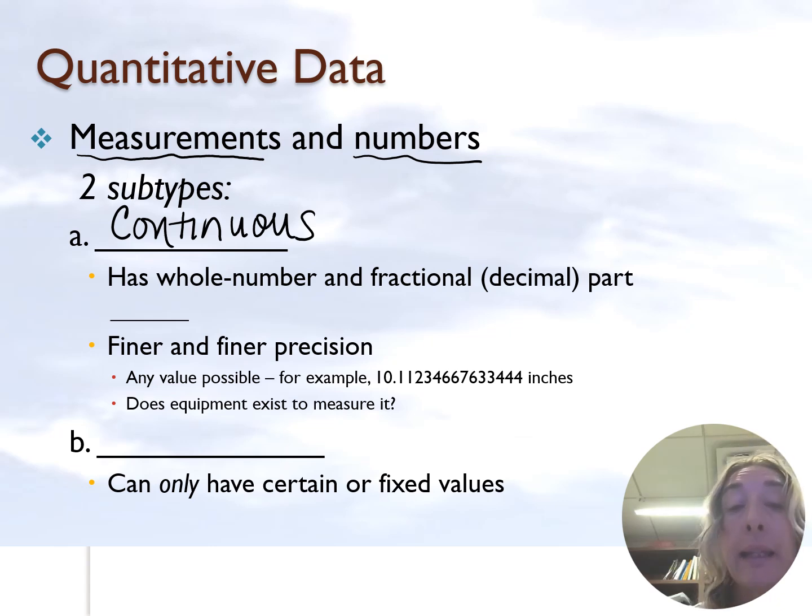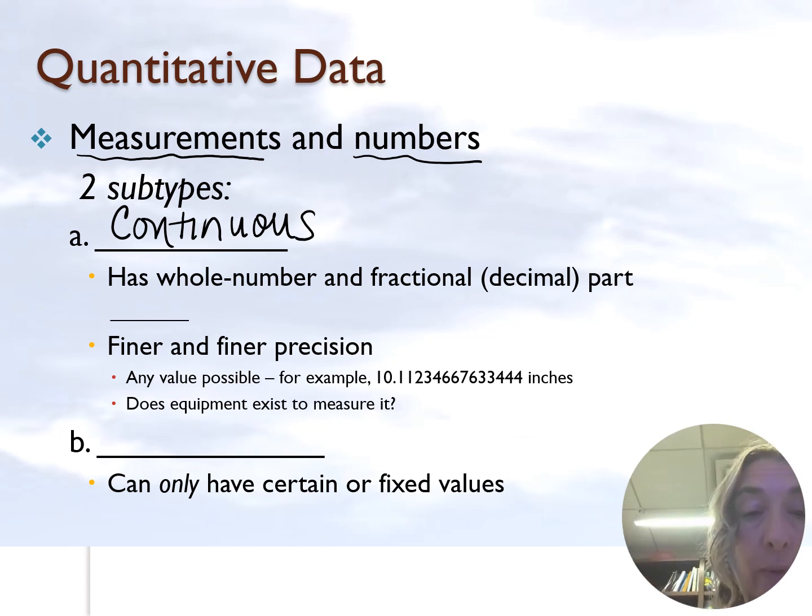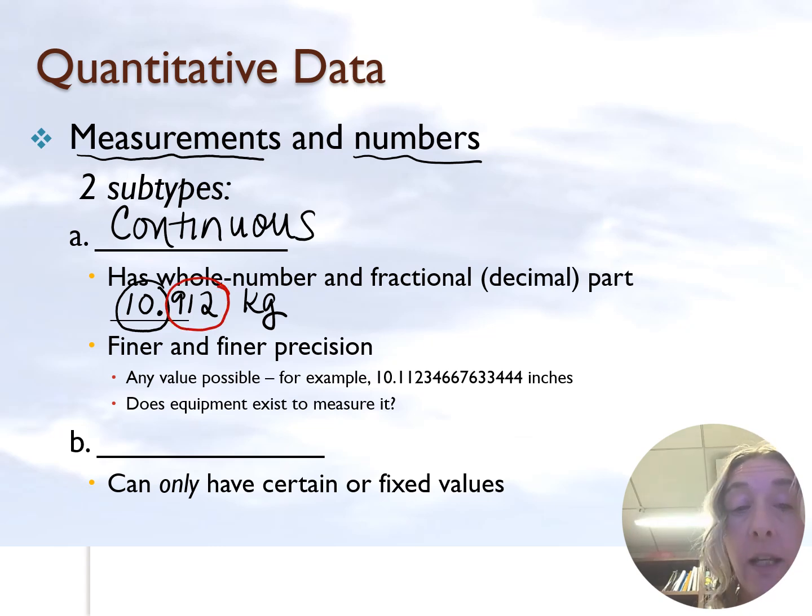Continuous data has a whole number as well as a fractional or decimal portion. For example, 10.912 kilograms. The whole number portion is 10. The decimal or fractional portion is the 0.912.